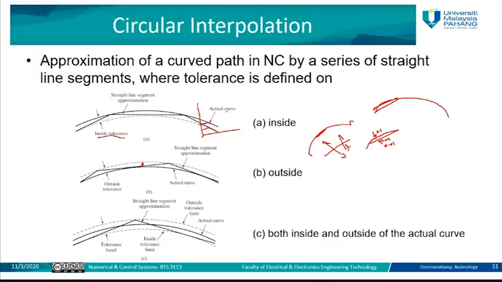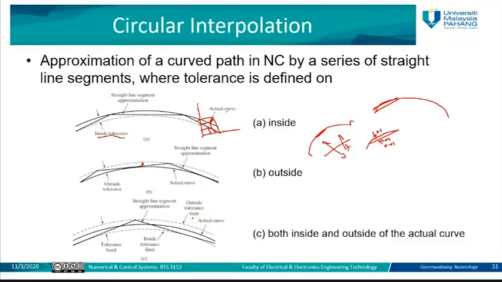So there is a difference between the actual curve and the curve generated by the interpolator. In the case of using inside, this will be less. In the case of using outside lines like we have here, it will also have a difference. So either the tolerance to inside, to outside, or to both, this represents how accurate your interpolator is in creating the path for the machines.